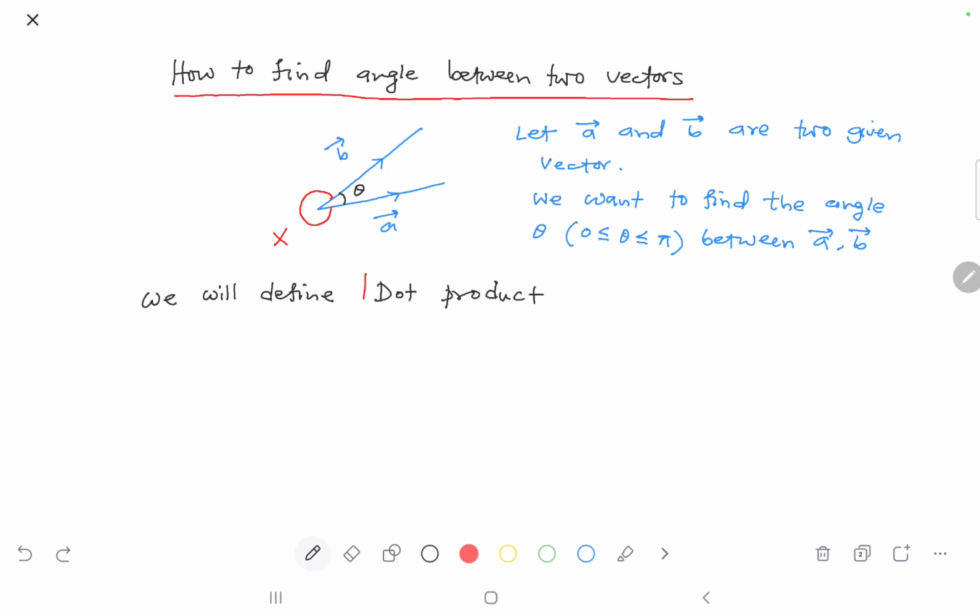This is very much important here. So the dot product between A vectors and B vector.